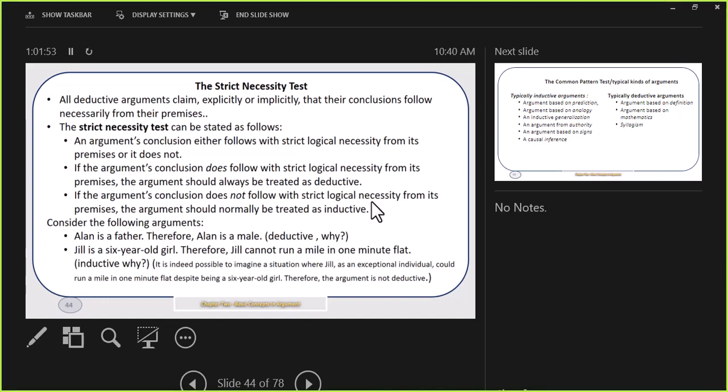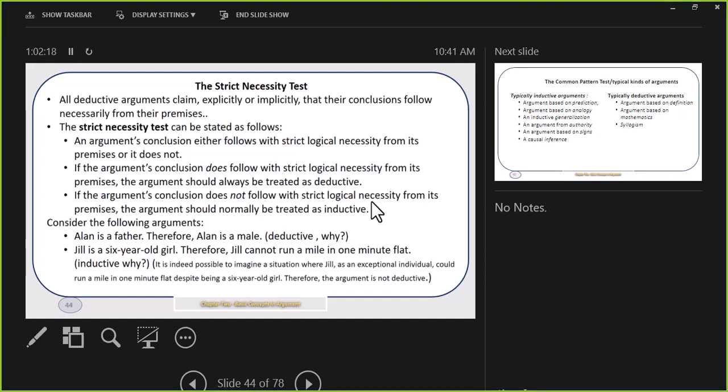It's deductive reasoning because we cannot question the possibility of the occurrence of the conclusion if we assume the premise to be true. The truth of the conclusion is absolutely linked with the premise. We cannot conceive of any condition that will falsify the conclusion. Alan is a father, therefore Alan is a male.